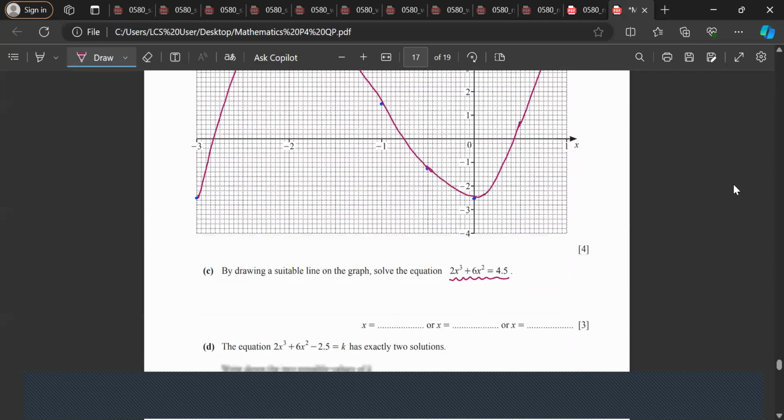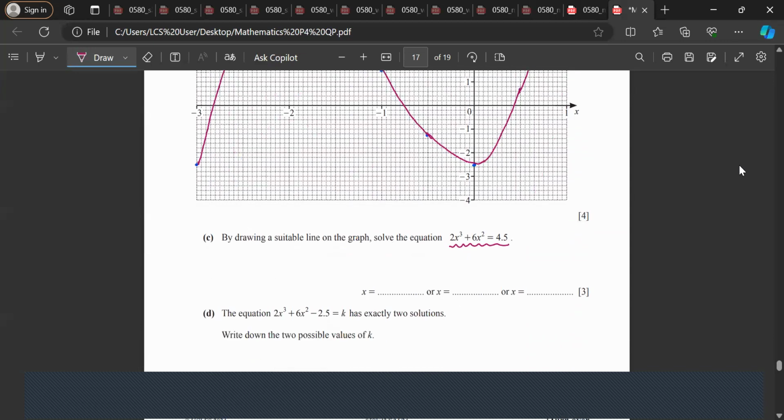What is the first equation? The first equation is y equal 2x cubed plus 6x squared minus 2.5.